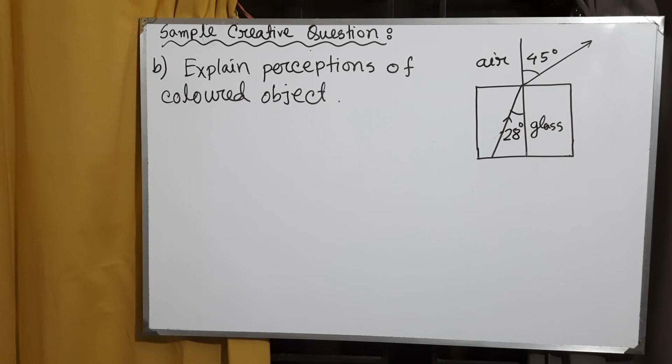No matter how many colors an object has, our eye detects it with these three colors and sends information to the brain. The brain then, with some special process, differentiates these colors, and this is how we experience colorful objects. So this is the explanation of perception of colored objects.